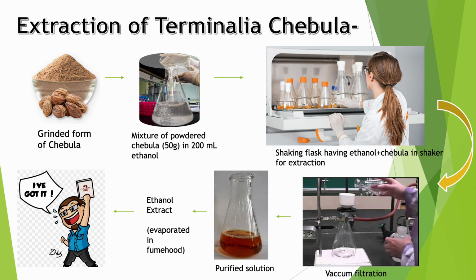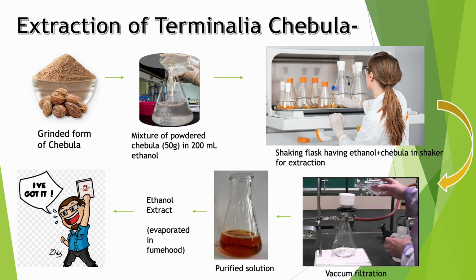After getting the powder, we took 50 grams of it and put it inside an Erlenmeyer flask, and after adding 200 ml of ethanol to the same flask, we put it inside the shaker, where we ensured complete and continuous mixing of ethanol with Terminalia chebula for 48 hours.